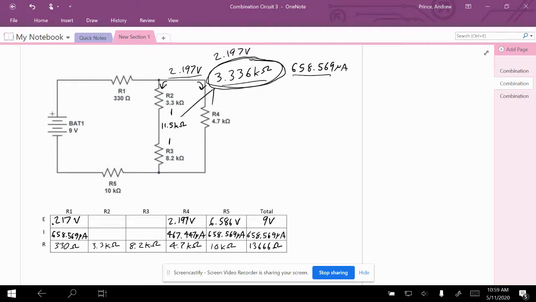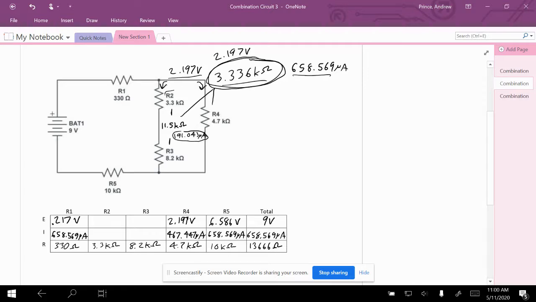So 2.197 divided by 11,500 gives us a current for this combined value of 191.043 microamps.